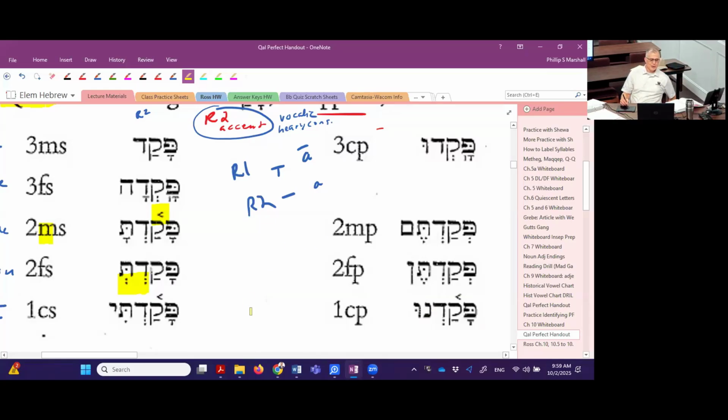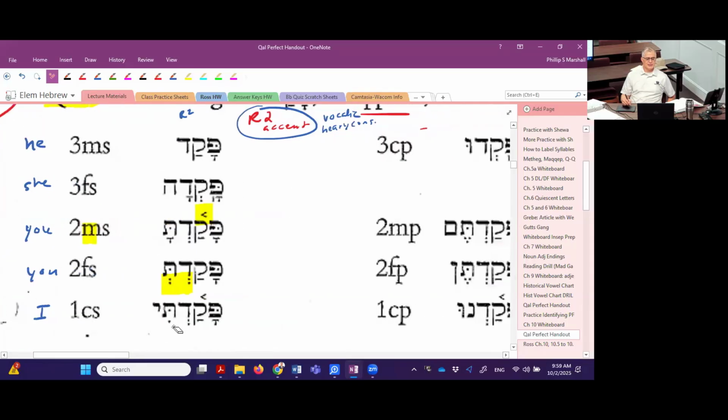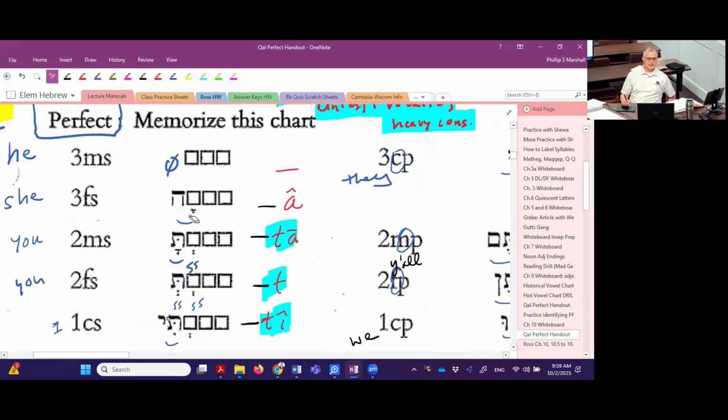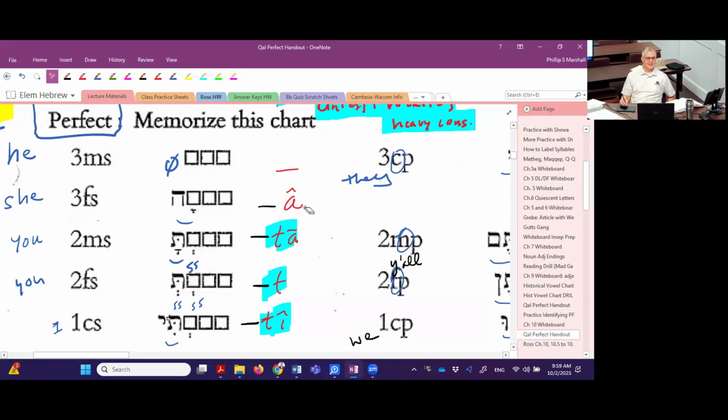What is the difference between a vocalic and a consonantal ending? Yes, if the ending starts with a vowel, it's vocalic. If the ending starts with a consonant, it's consonantal. So if I go back up here and just look at the endings, I'm adding ah, that's a vowel, right? It starts with a vowel and happens to end with a vowel.